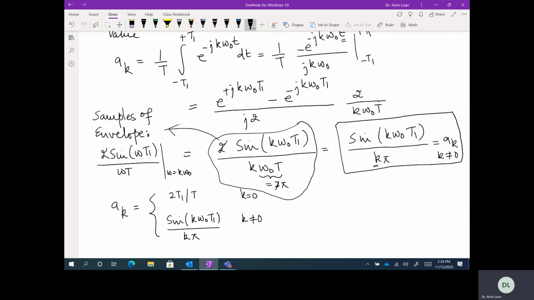So this is a continuous envelope, and we'll see when we do the continuous time Fourier transform that this is actually a sinc function. It's sine x over x.